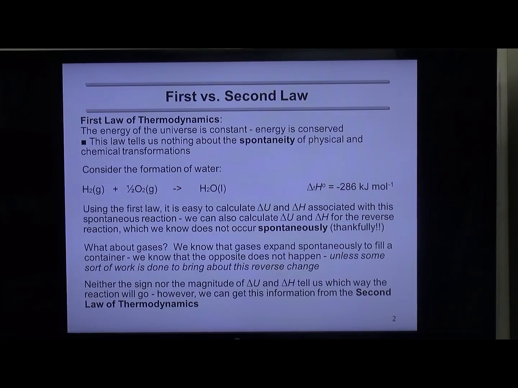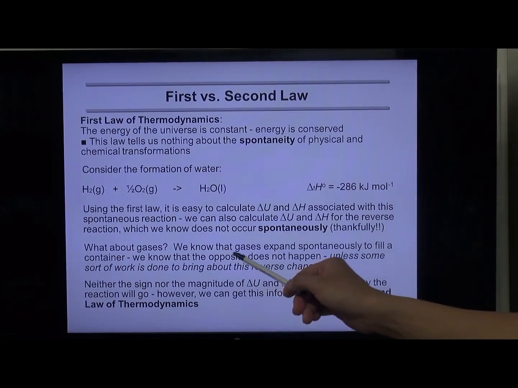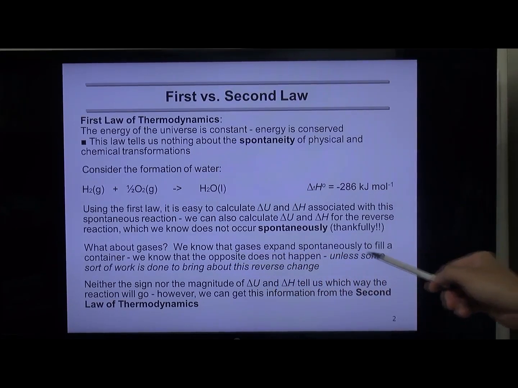But we know that some reactions, and actually not some, most reactions or changes are spontaneous, such as gases expanding spontaneously to fill a container. That's a spontaneous change, right? Heat energy moves from hotter objects to colder ones.